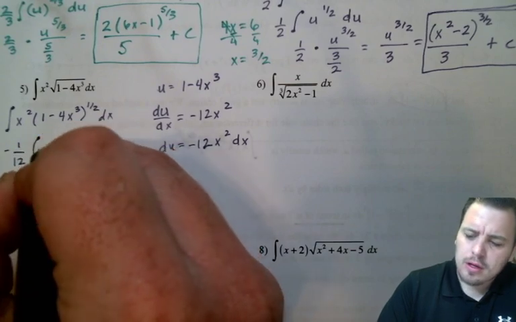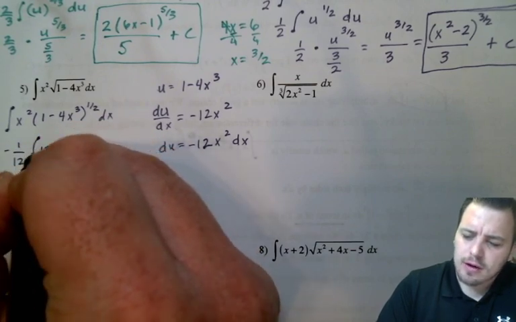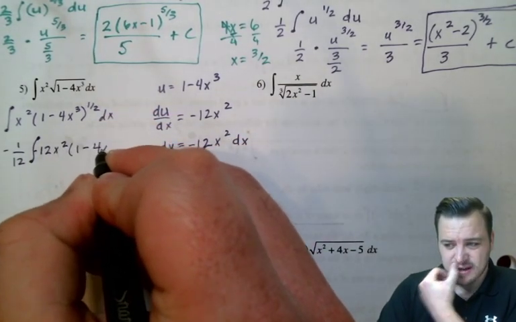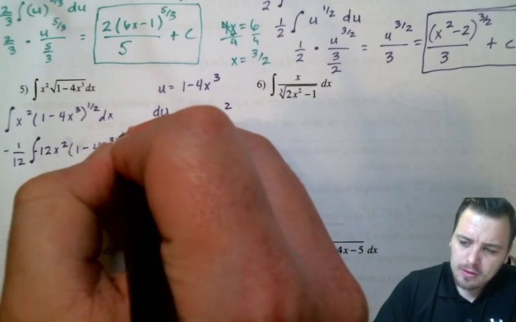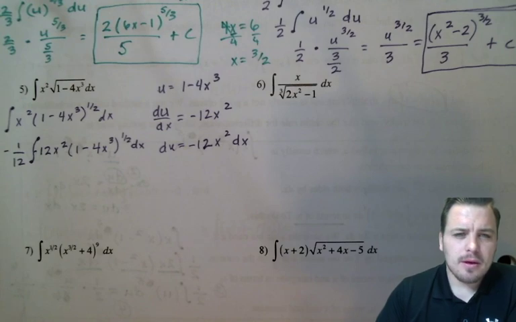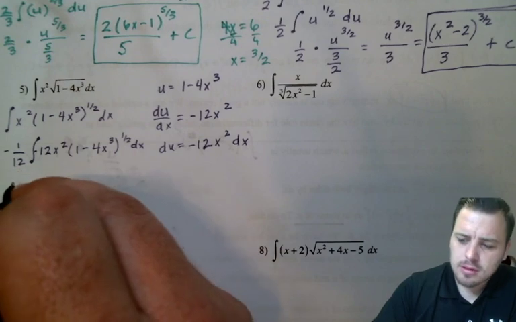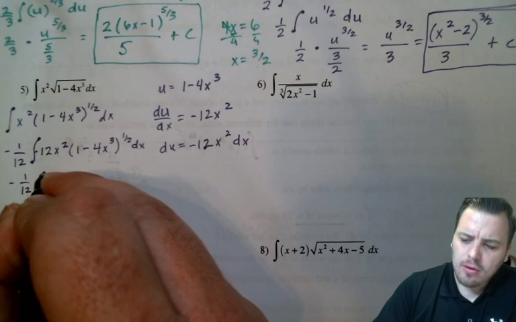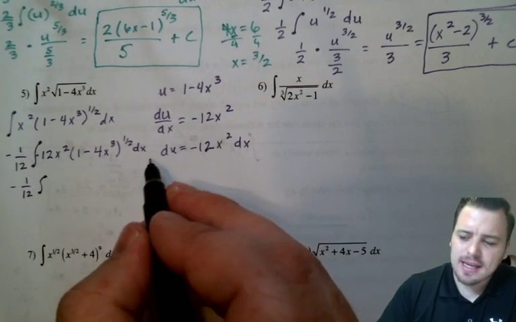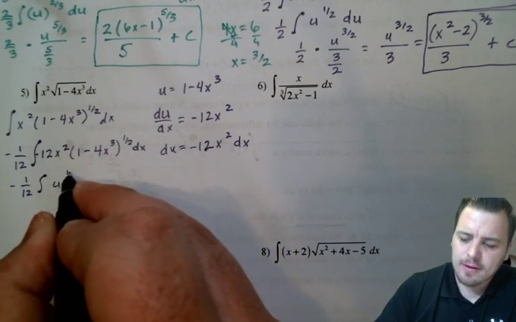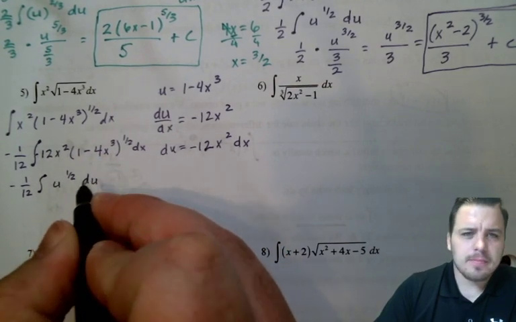Integral of negative 12x squared times 1 minus 4x cubed to the 1/2 dx. From there, we can just set up our U-substitution. So negative 1/12 integral, negative 12x squared dx just changes to du, and this changes to u to the 1/2 du.